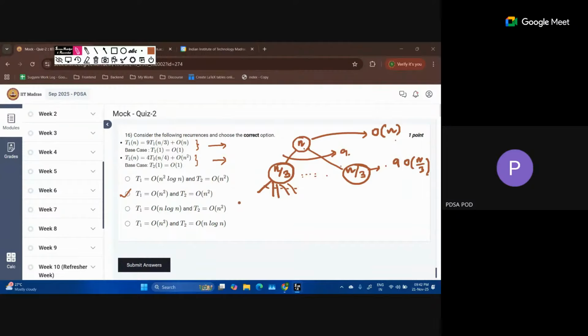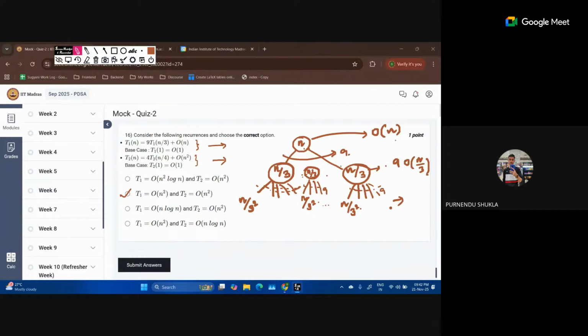Now we have 9 terms over here, and the same thing for the second n by 3, 9 terms over here, each of size n by 3 square. Similarly here also we have 9 terms, each of size n by 3 square. So how many of these n by 3 square lists will we get in total?